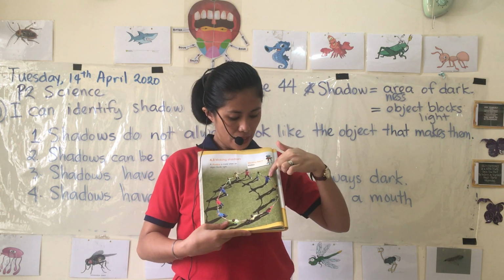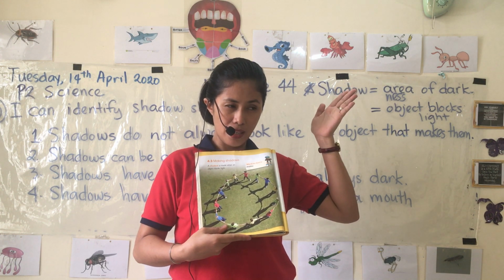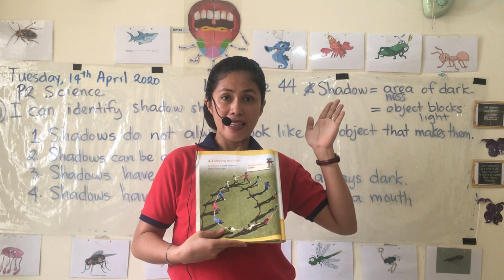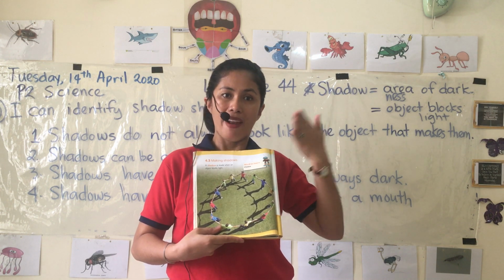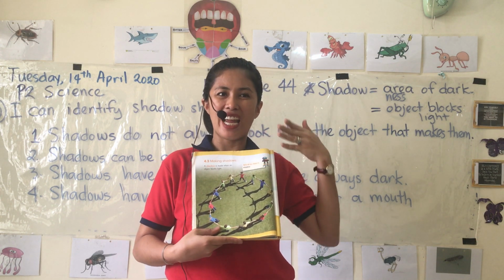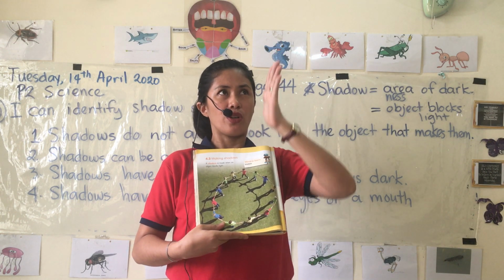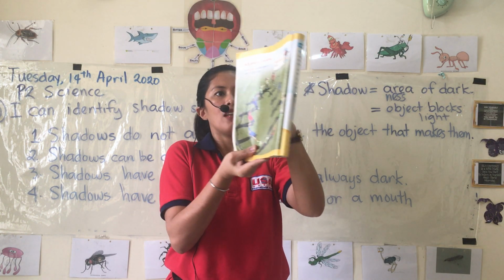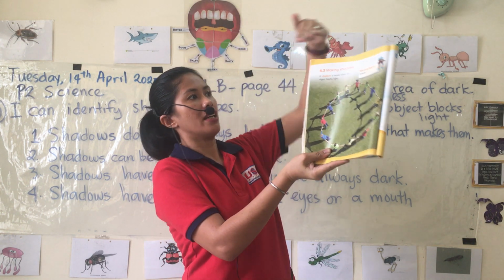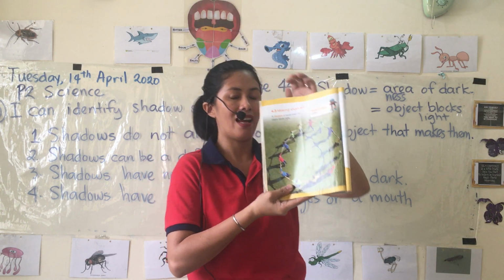So the children are, what was the source of light here? It's the sun. And which one is the object that blocks the light, that hinders the light to pass through? If this is the sun, the light cannot pass through this way because something is blocking the sun, the light.